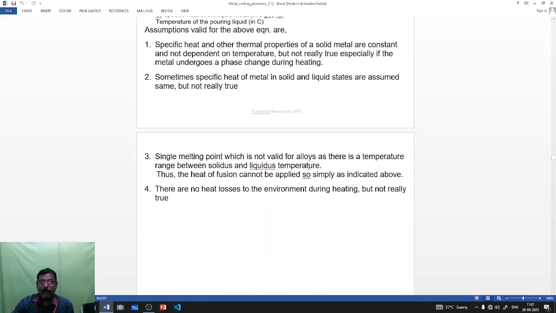A single melting point is not valid for alloys, as there is a temperature range between solidus and liquidus temperatures. It is also assumed there are no heat losses to the environment during heating, but this is not realistic.